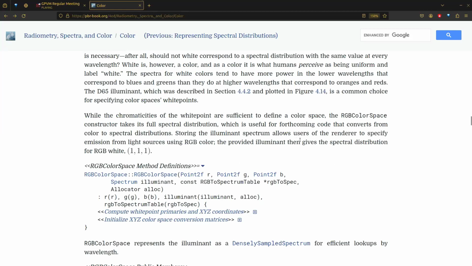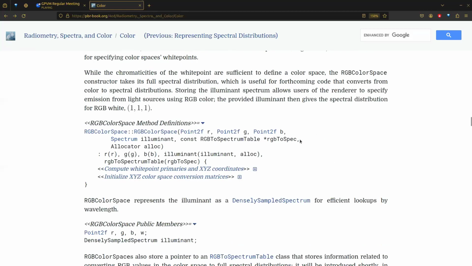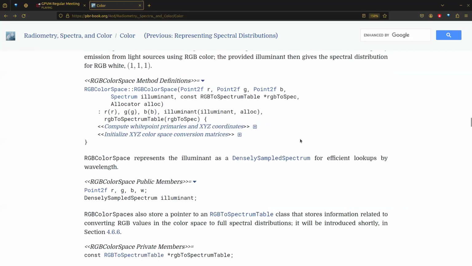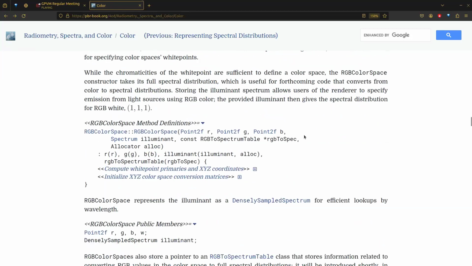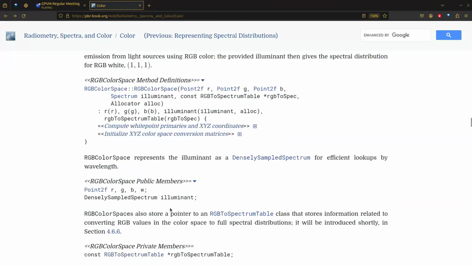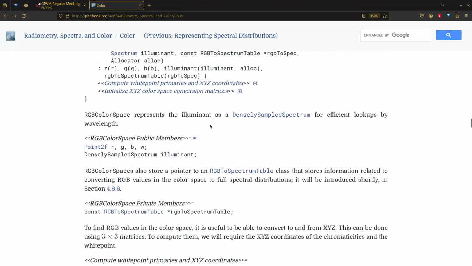It represents the illuminant as a densely sampled spectrum for efficient lookups.